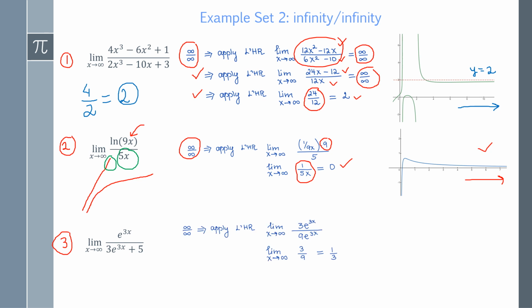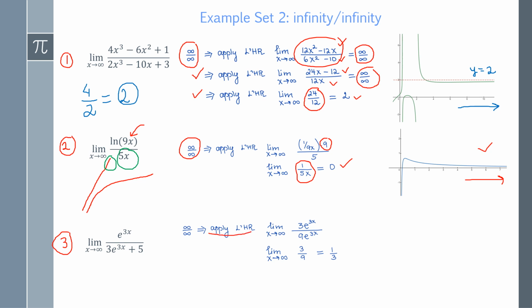Again, if we plug in a really large number for x, we're going to get infinity over infinity, because e to the 3x, that's an increasing function, exponential growth here. So we get infinity on top and infinity on the bottom. So we can apply L'Hopital's rule.